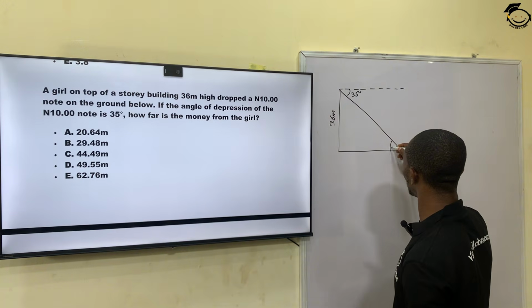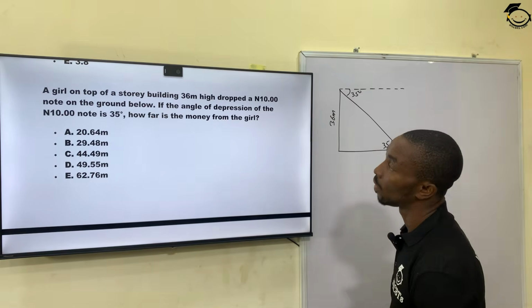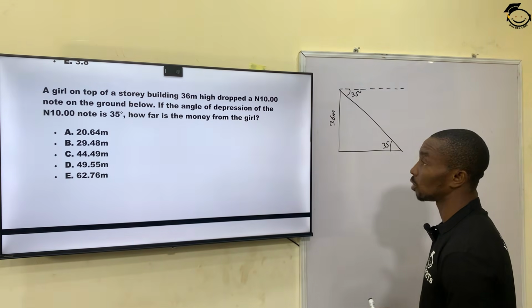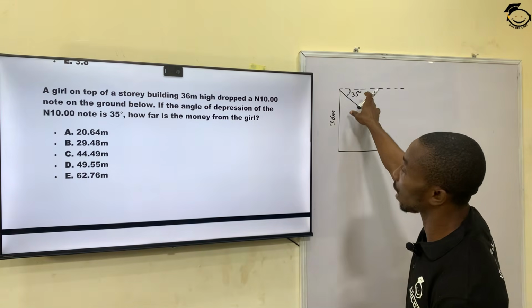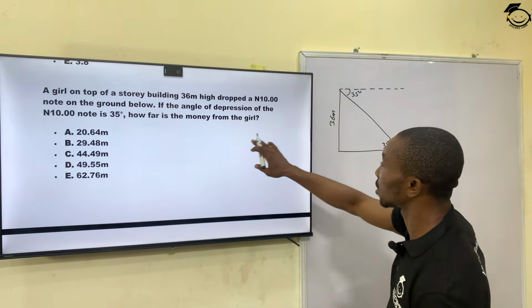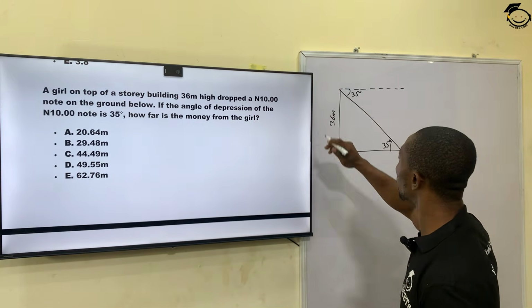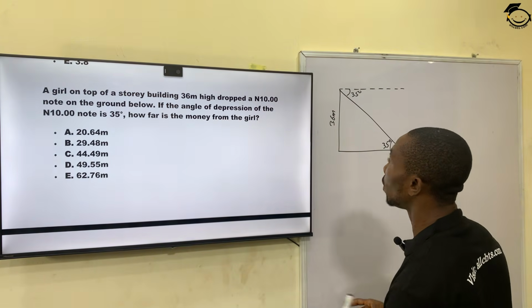So we are looking at the angle of elevation. It's important to always remember that the angle of elevation equals the angle of depression. So if we're having an angle of depression as 35 degrees, we can say that our angle of elevation is also 35 degrees.